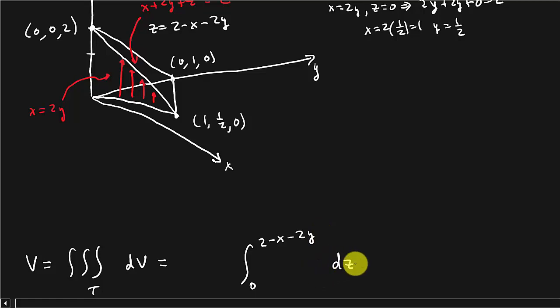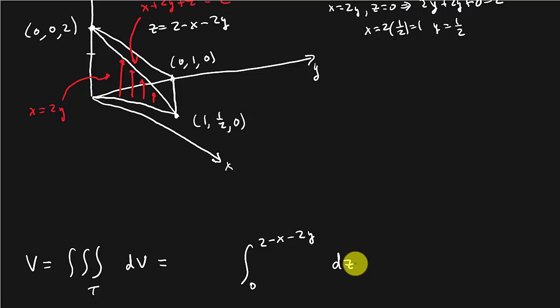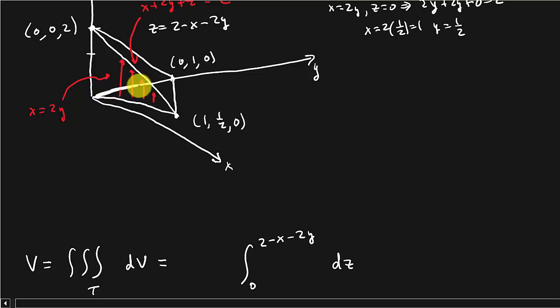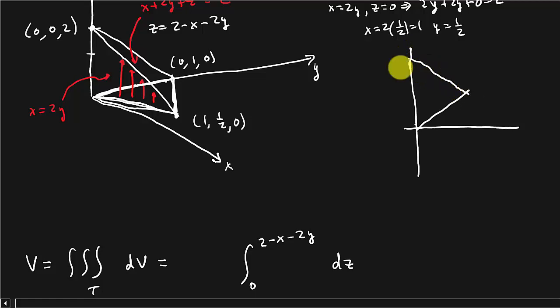Now we need to look in the xy plane. I need to look at this triangle right here, and I'm going to draw it over here in the xy plane. It's going to look something like this. Remember, this is 1, and this right here is a half, so this would be the point 1, 1/2.